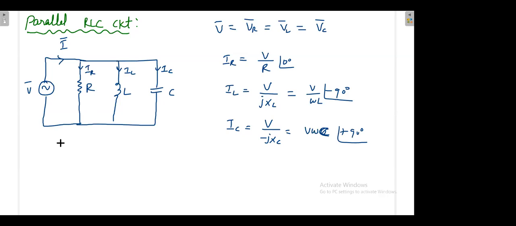Writing the overall impedance is tricky, because you have to calculate R in parallel with J omega L in parallel with minus J divided by omega C. So it is a little bit tricky to calculate. So I will not find Z this time. I will go by some other method.